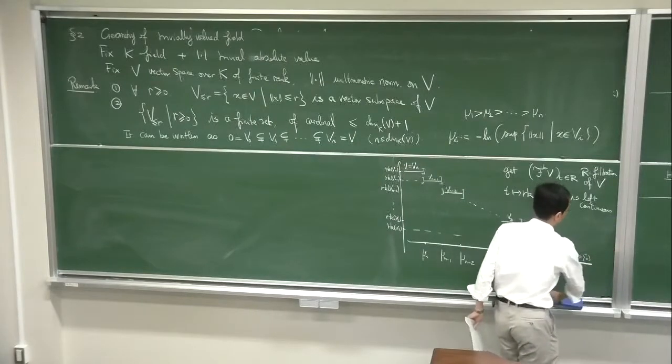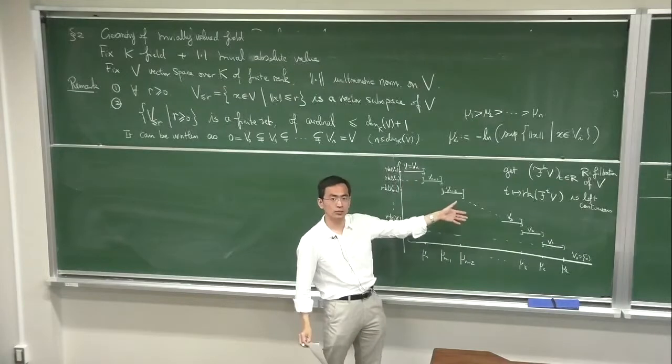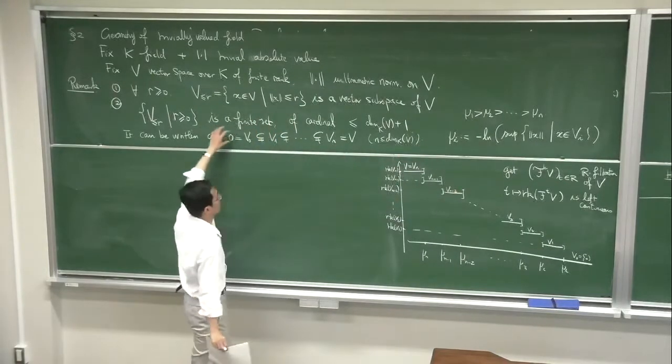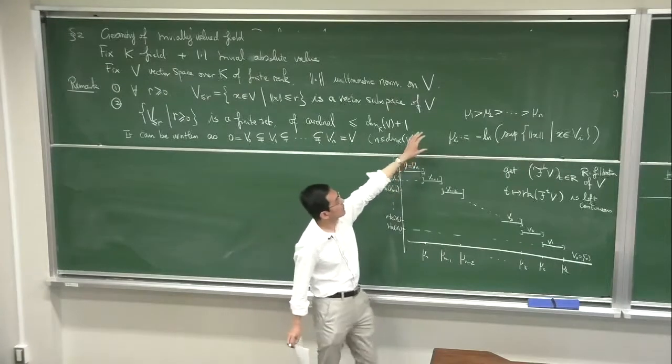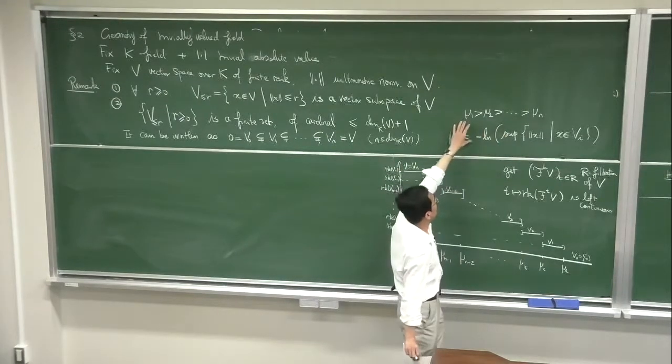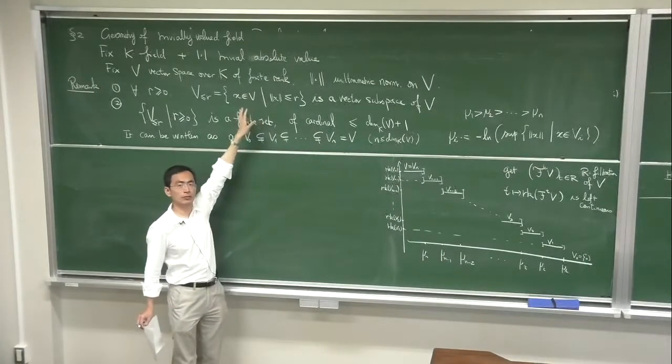If you begin with such a filtration, you can also recover a flag, a sequence of vector subspaces, and some mu_i, which will give you an ultrametric norm.